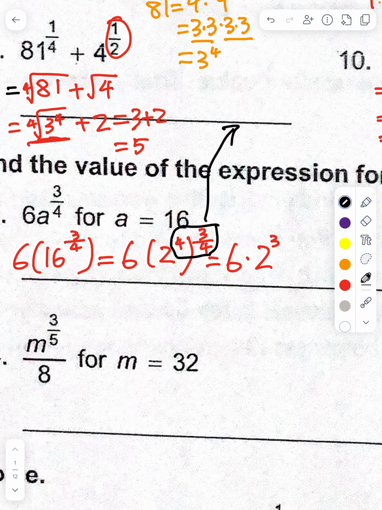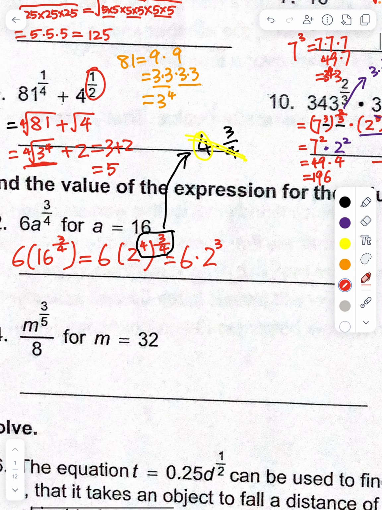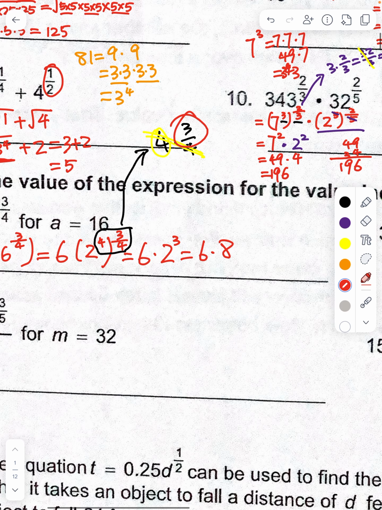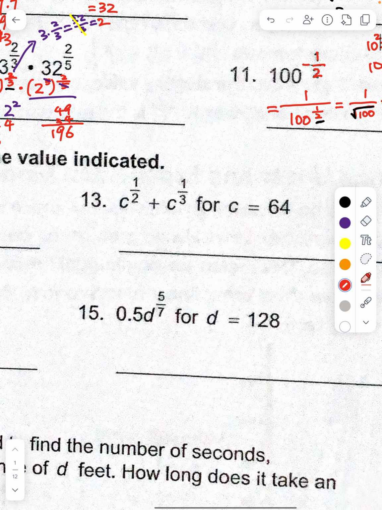So here, 4 times 3 over 4. The 4 goes to the top, and then the top and the bottom, the 4s cancel out. So finally, we have only 3 left. That means 2 raised to the third power, or 2 cubed, right? 2 cubed is 8. So the final value is 48. Number 13.